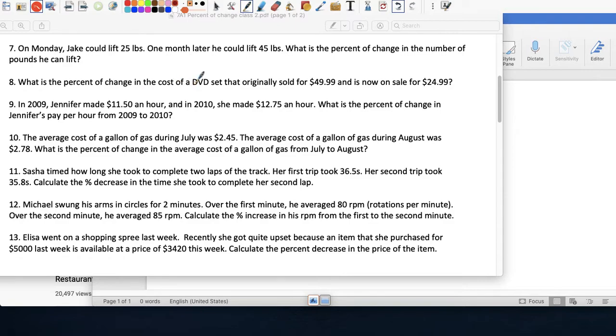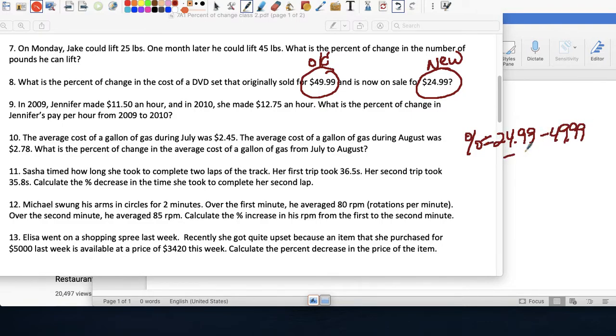8. What's the percent change in the cost of a DVD? That was originally $49.99. Now it's $24.99. So the price went down. So it's going to be a negative. So $24.99 minus $49.99 over 49.99. So 24.99 minus 49.99, enter.